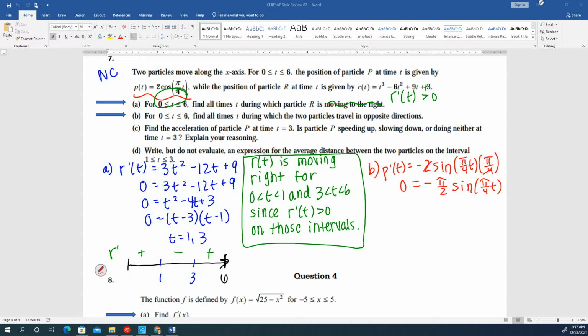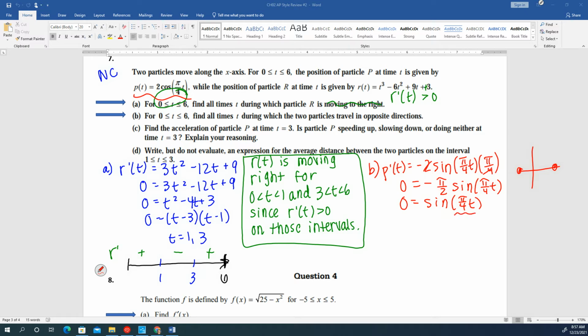So technically you could divide off that negative pi over 2 constant on both sides, and we get here. Okay, so the sine is 0 here and here. So at 0 and at pi.